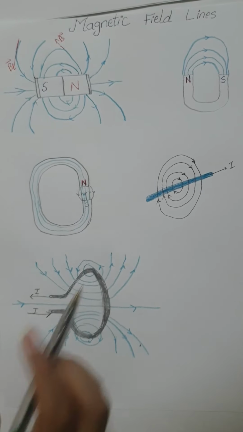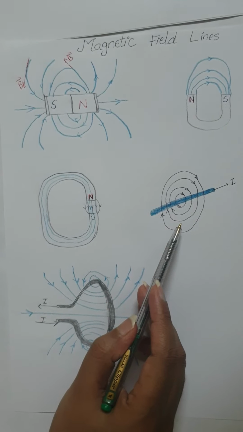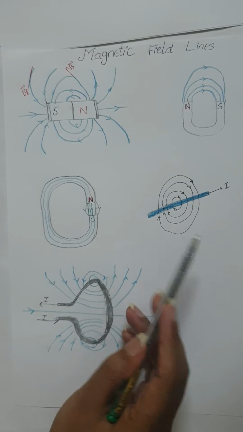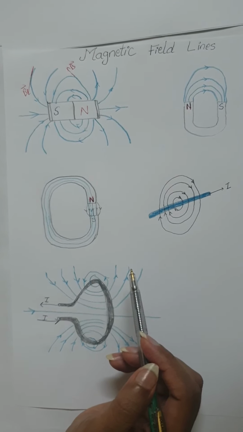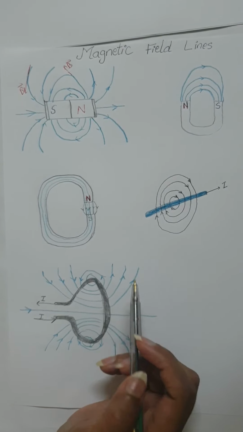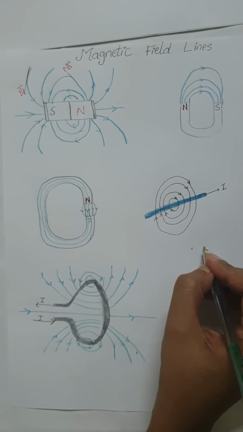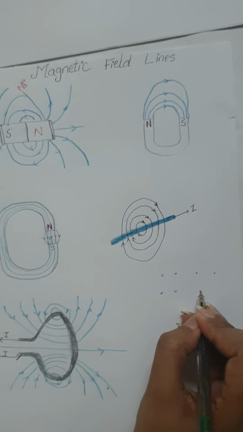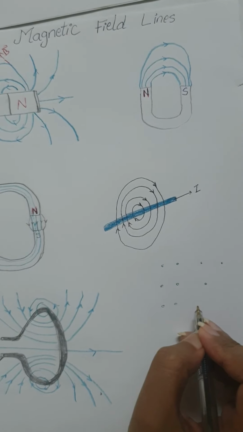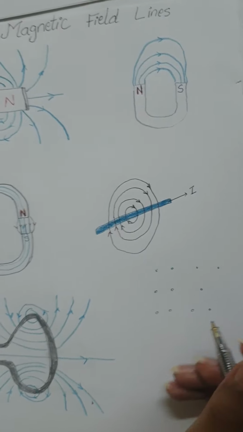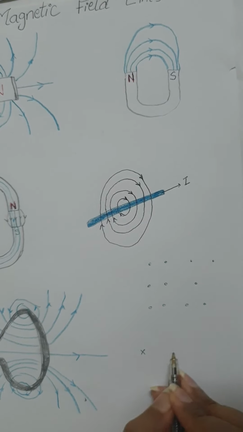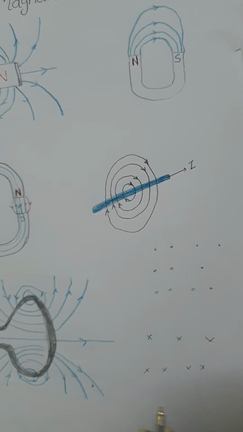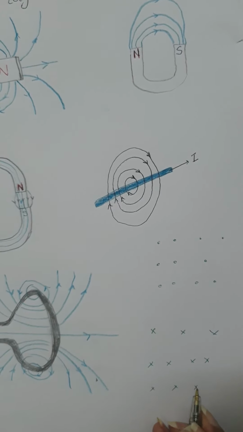Because these magnetic field patterns are three-dimensional, it's necessary to draw magnetic field lines that point into or out of the plane of a drawing. To do this, we use a dot to represent a vector directed out of the plane, and a cross to represent a vector directed into the plane.